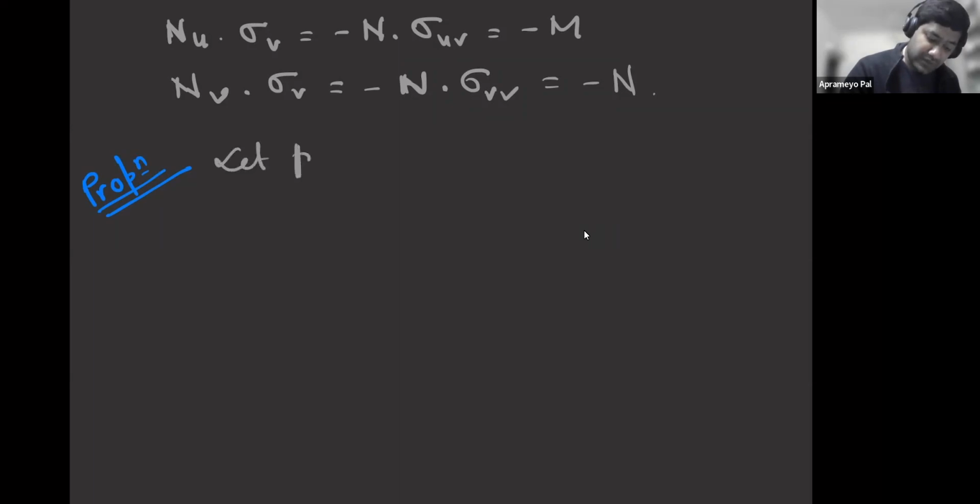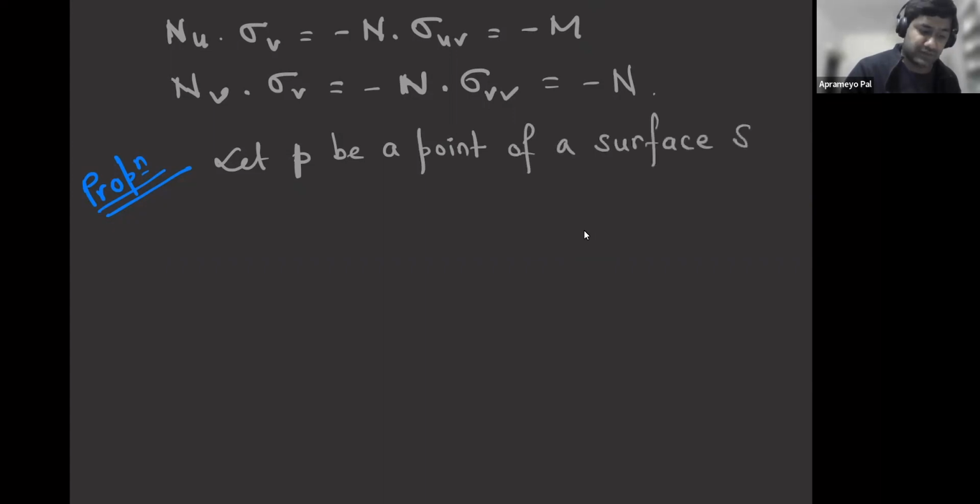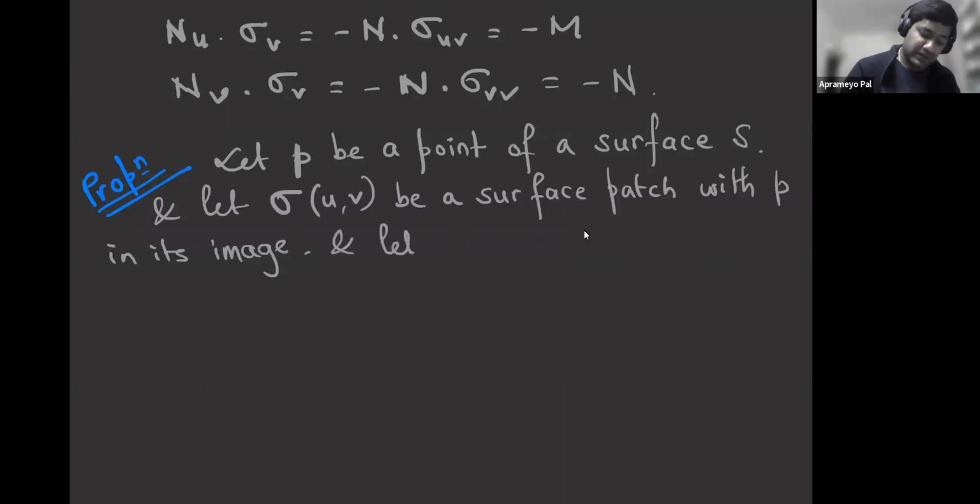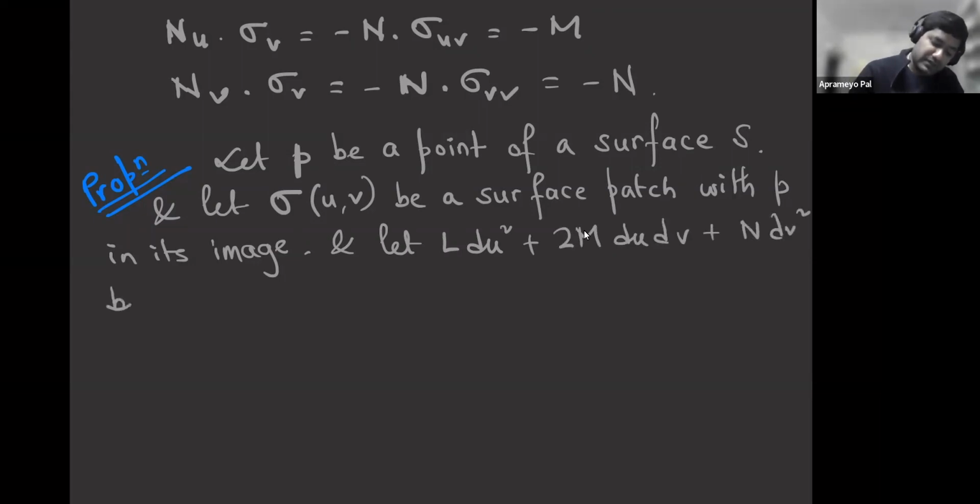So let P be a point of a surface S, and let sigma(u,v) be a surface patch with P in its image, and let L du squared plus 2M du dv plus N dv squared be the second fundamental form defined yesterday.